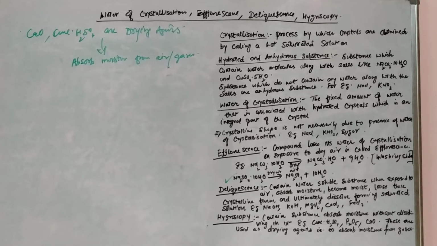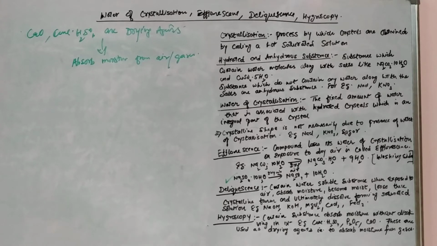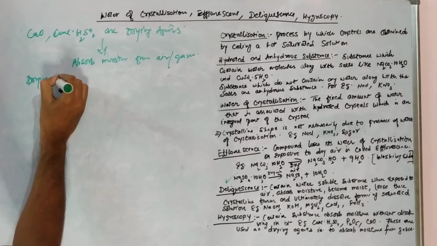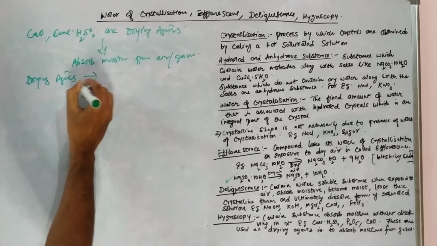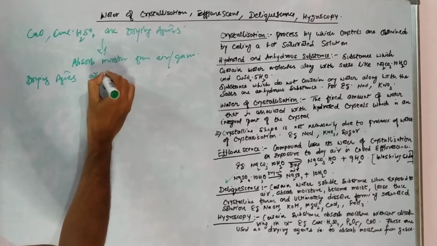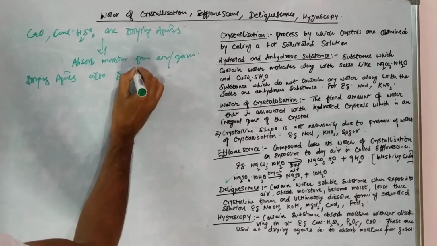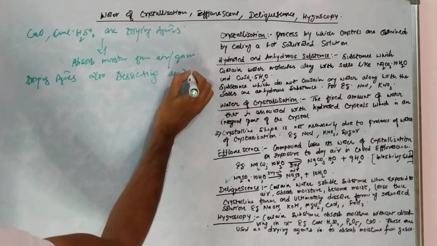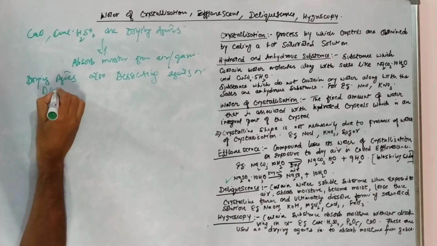There's a little difference between a drying agent and a dehydrating agent. And one more thing, we also call drying agents desiccating agents or desiccators.